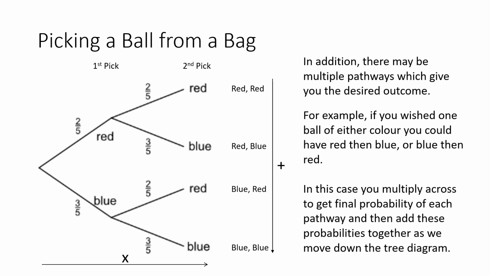So red multiplied by blue will be 2 fifths multiplied by 3 fifths, while blue and then red will be 3 fifths multiplied by 2 fifths. So once you've got those probabilities at the end, you then add those probabilities together to get the final answer. So multiply as you go across probability tree diagrams, and then you add the probabilities as you go down at the end.